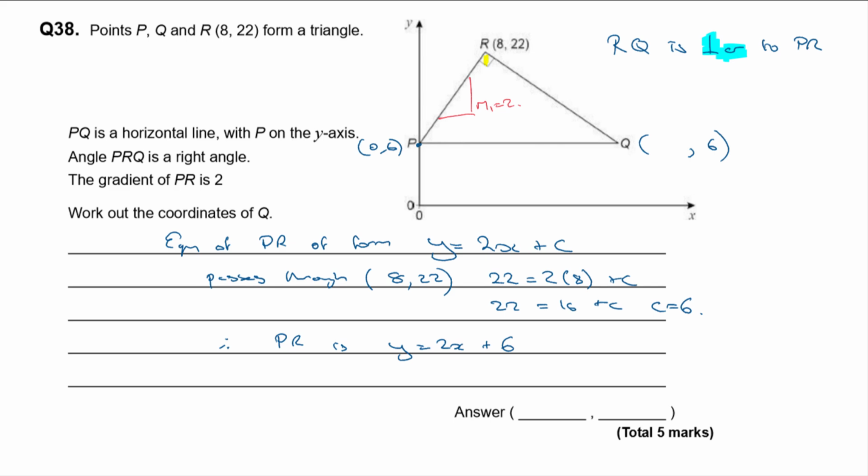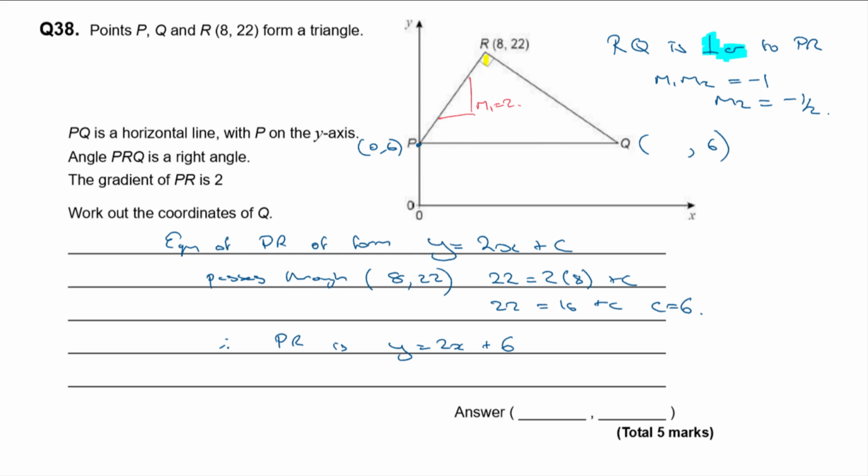So RQ is perpendicular to PR, and that means that their gradients, m1 and m2, when you multiply them together, give you minus 1, because one is the negative reciprocal of the other, and therefore m2 is going to be minus 1/2. Taking the gradient of the other line, flipping it over and sticking a minus sign in front of it, you're going to get minus 1/2.